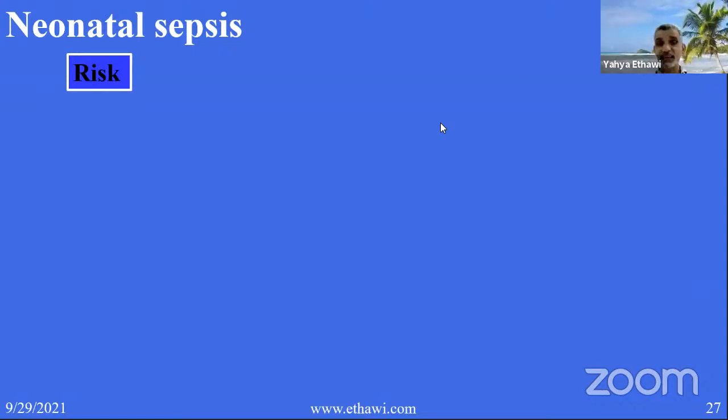sepsis. And normally the culture negative sepsis or the clinical sepsis, they mean that either the volume or the site was negative and did not catch the bacteria that is in the blood. So if that's the situation, it means you are overusing antibiotics, and the reason for your baby's symptoms is other than infection.